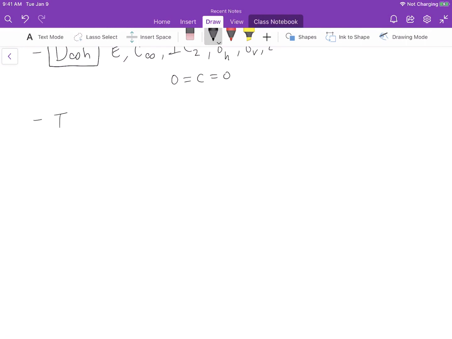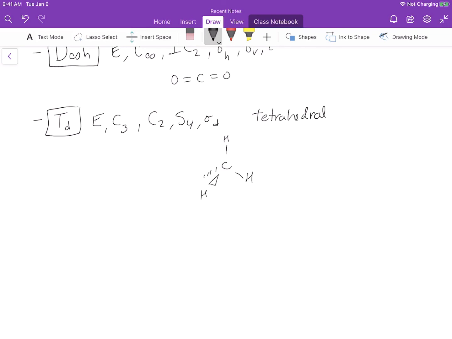And then we have some pretty symmetric ones. So this is one you should also be able to just see by inspection. So TD, E, C3, C2, S4, sigma D. So this is tetrahedral. So basically, if you're comfortable looking at tetrahedral from VSEPR, you should be able to identify this pretty readily. So methane, for example.